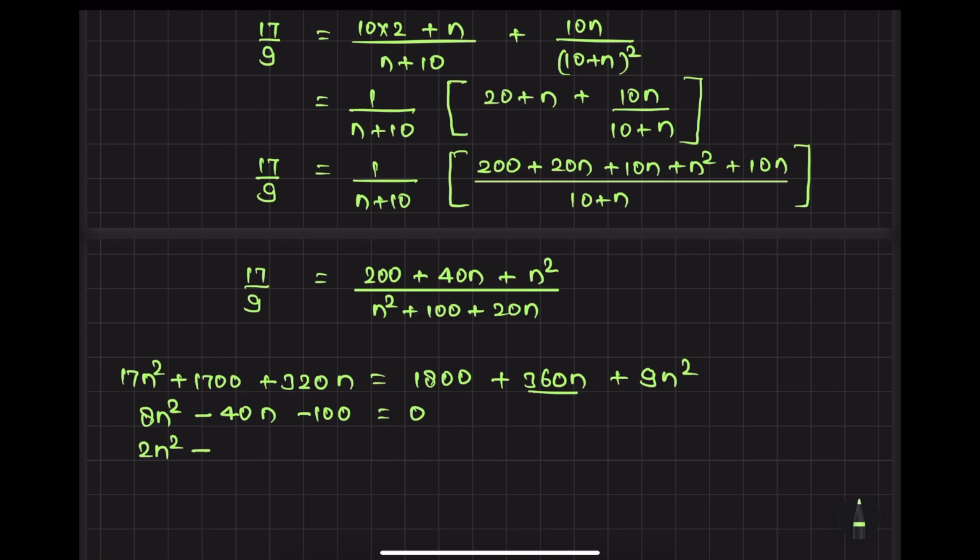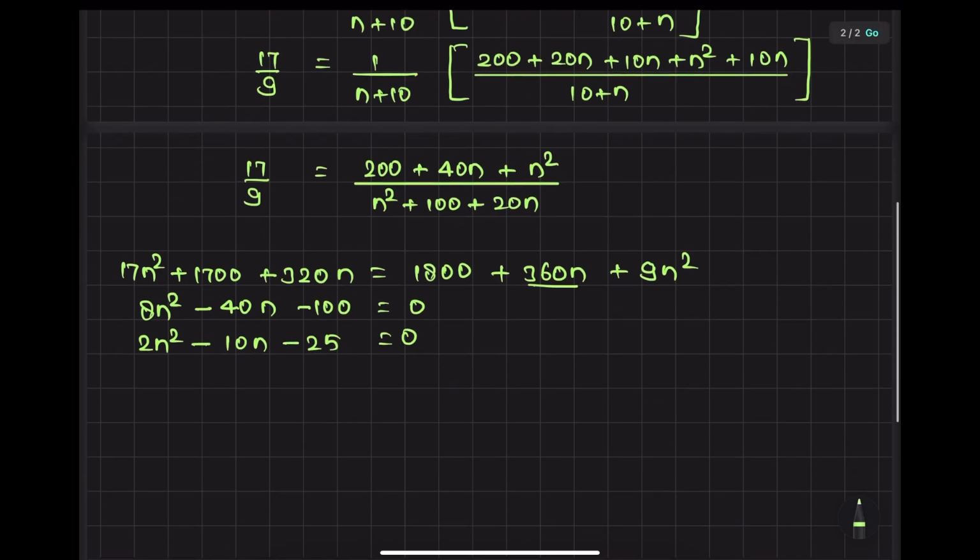So we have divided both sides by 4, so it is 10n now, and then this is 25. Now let's solve this thing. So it is 50. No, 5, 5, 10.